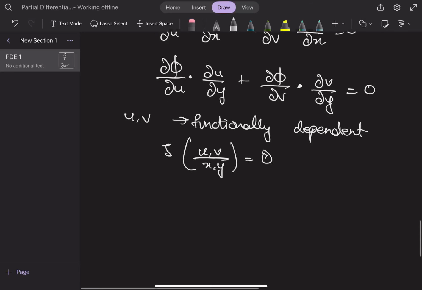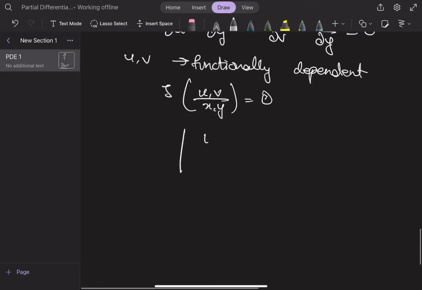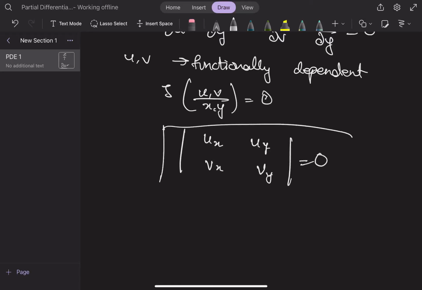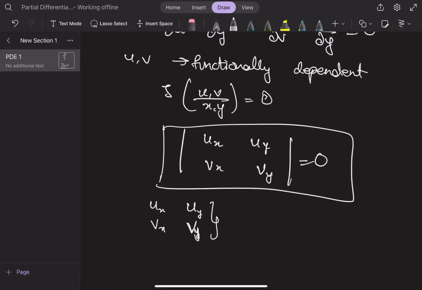You do not need to remember this, just remember this: ux uy vx vy is equal to 0, where ux is u differentiated with respect to x, uy is u differentiated with respect to y, vx is v differentiated with respect to x, and vy is v differentiated with respect to y. Remember these terms.